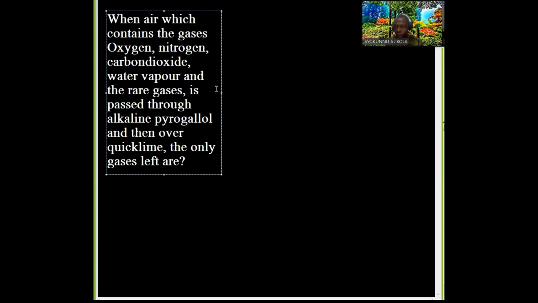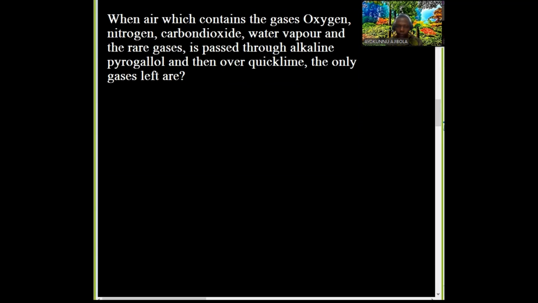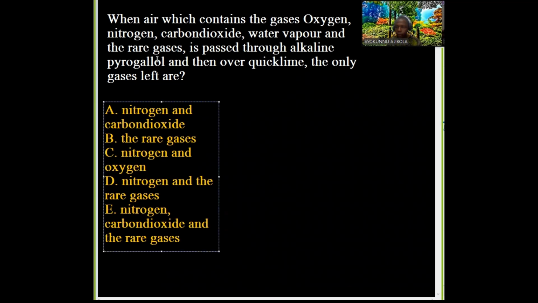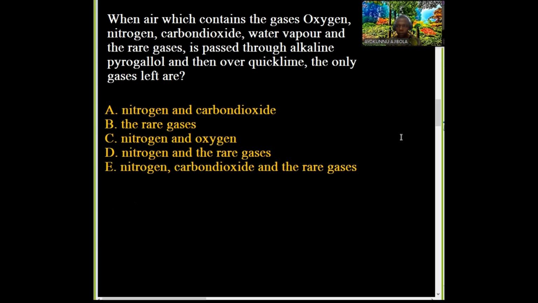So, Sarah, try to read this. Then I'll bring the options. When air, which contains the gases oxygen, nitrogen, carbon dioxide, water vapor, and the rare gases, is passed through alkaline pyrogalol, and then over quicklime, the only gases left are nitrogen and the rare gases.